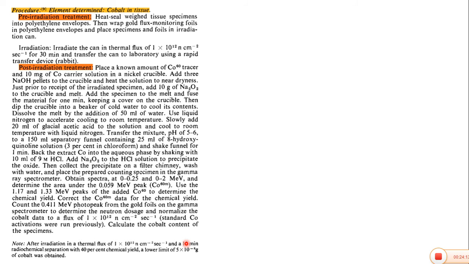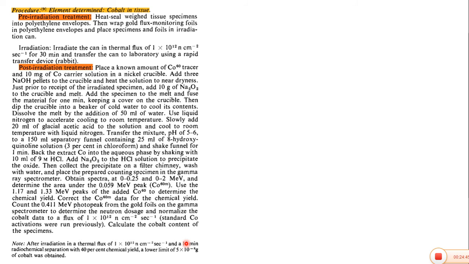Because only a small time is required for irradiation, the transfer should also be very quick, as the decay is very fast here. In order to measure the concentration of cobalt in a tissue correctly, you should transfer it very rapidly to the laboratory for further analysis.